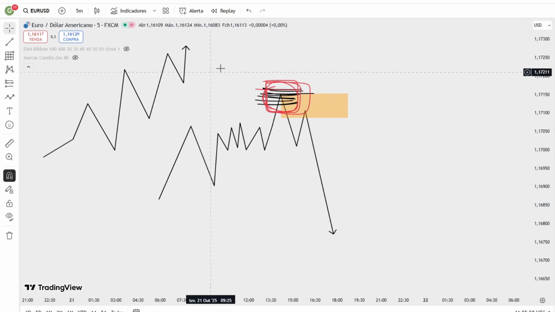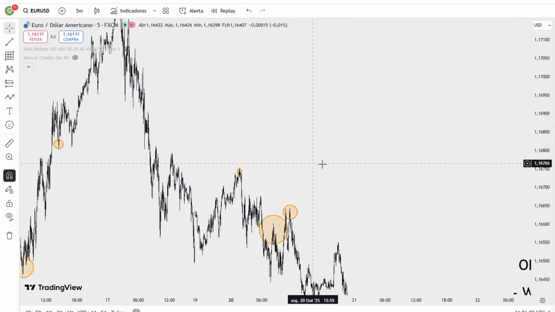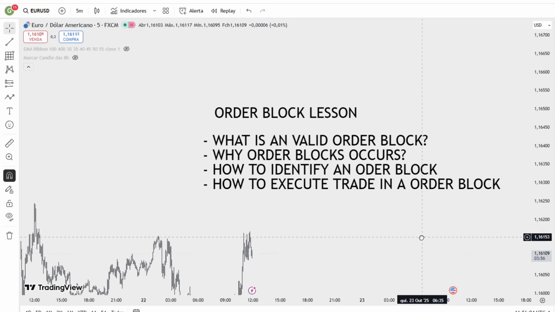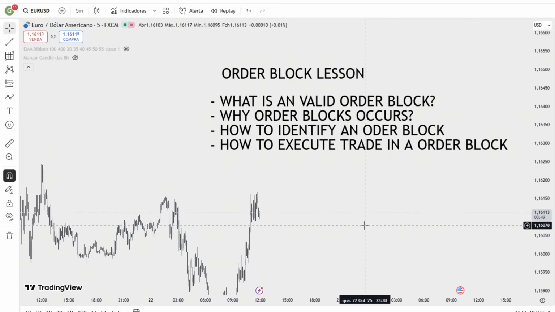So having that in mind, we're going to see some real order blocks, right? So valid order blocks, we're done with that. Why order blocks occur, I just explained to you guys, and how to identify an order block. So here we go.